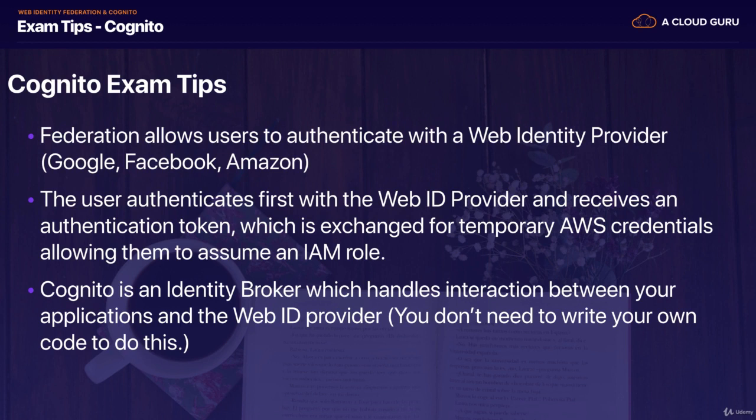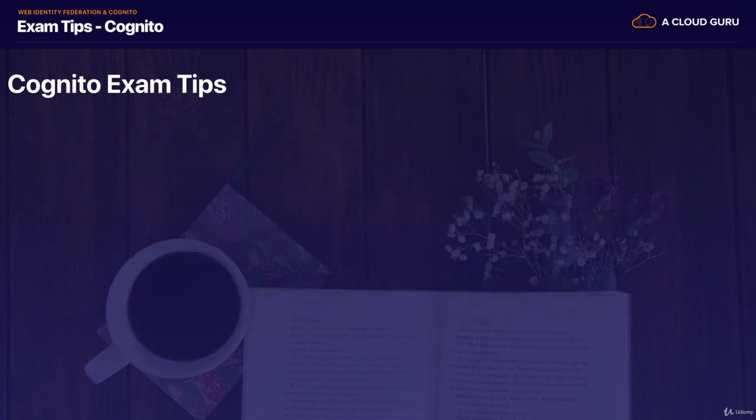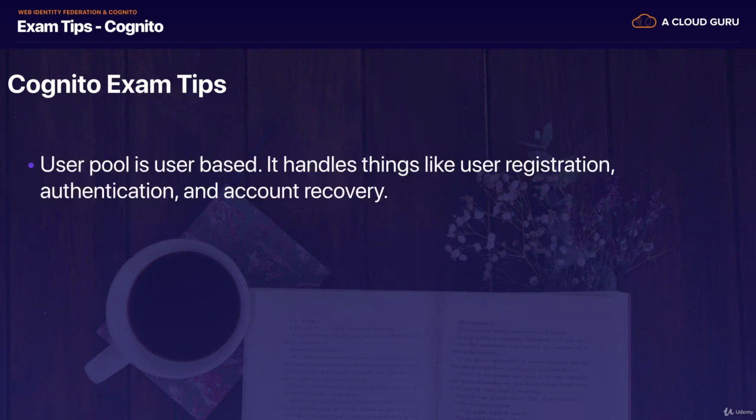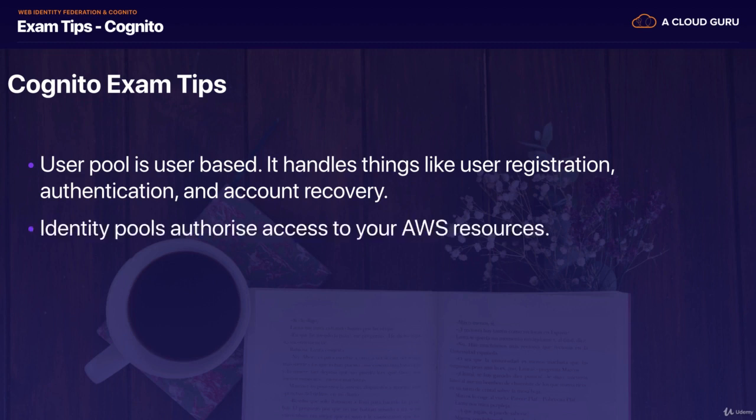And Cognito is an identity broker which handles the interaction between your applications and the web ID provider, so you don't need to go ahead and write your own code for this. And then the main thing to remember for Cognito is the difference between our user pools and identity pools. So our user pools are user-based, and they handle things like user registration, authentication, and account recovery, etc., whereas identity pools authorize access to our AWS resources.